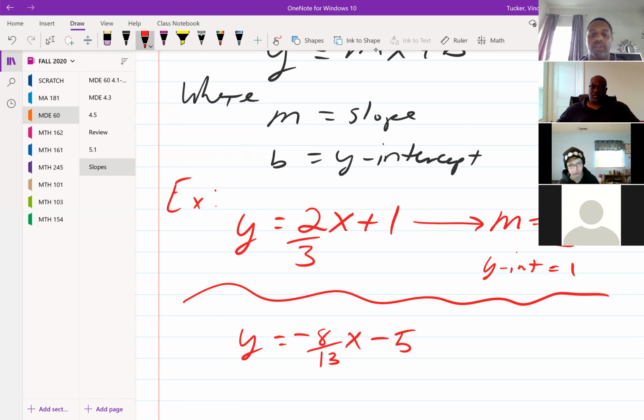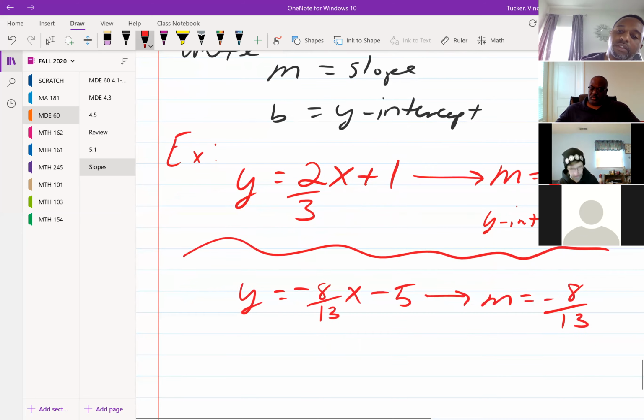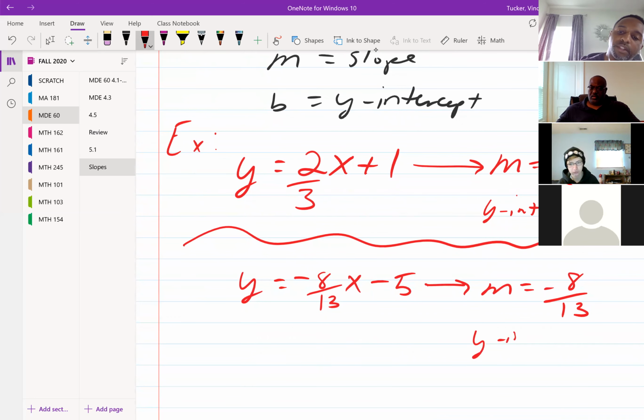So if I have y equal to -8/13 x minus 5, slope will be -8/13. Your y-intercept, like I said, that is the letter b that we're referencing in the formula, would be -5.